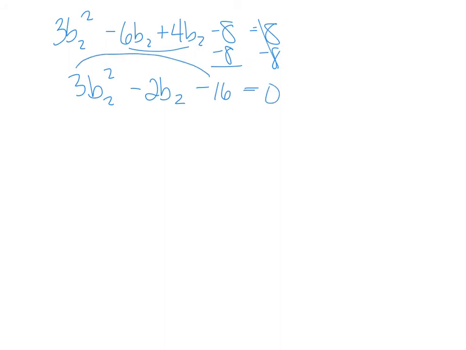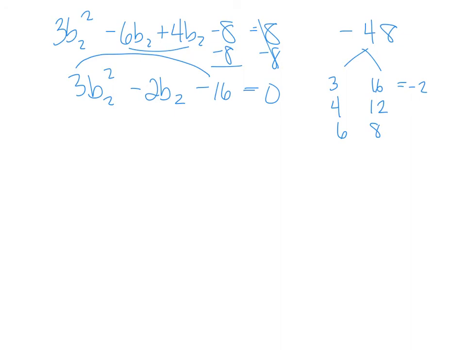Bummer. So a times c is negative, let's see, 8, 3, 4. Negative 48. What multiplies to that to give me a negative 2? Let's see. 3 times 16 doesn't work. 4 times 12. 5, 6 times 8.